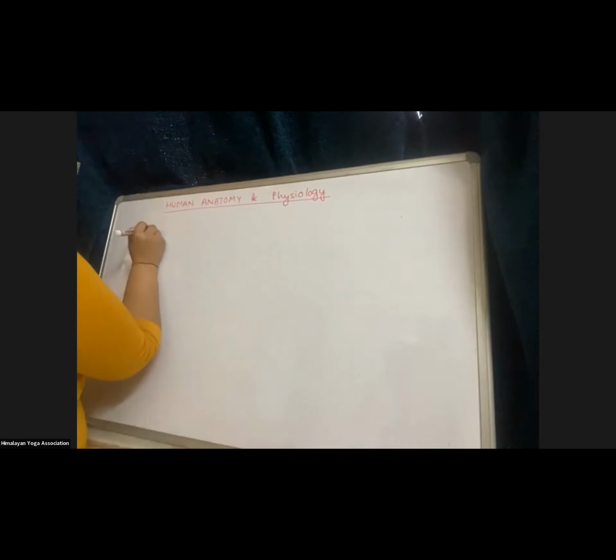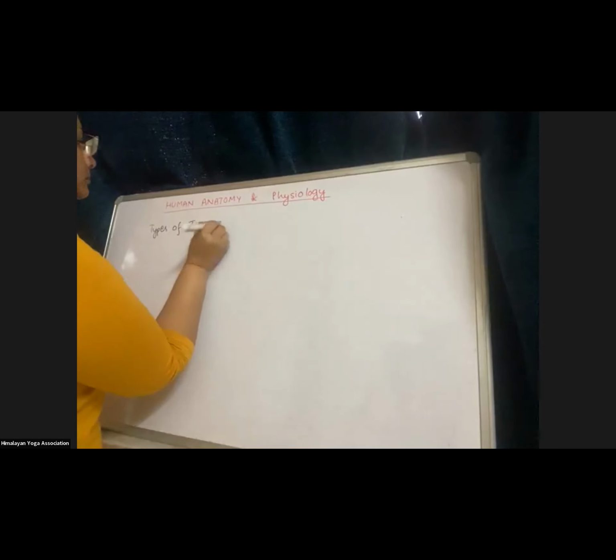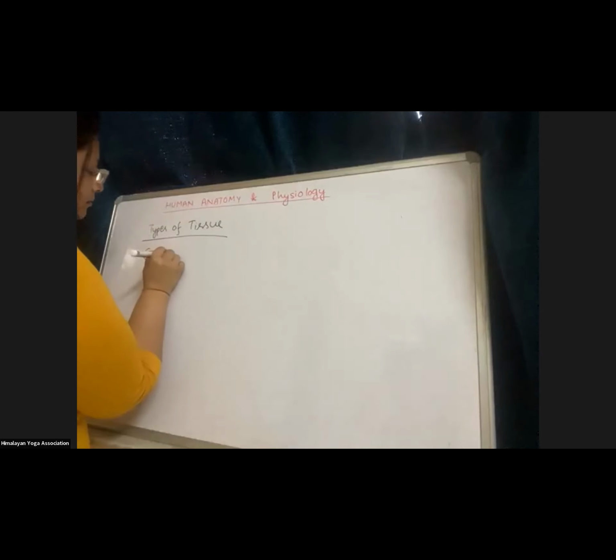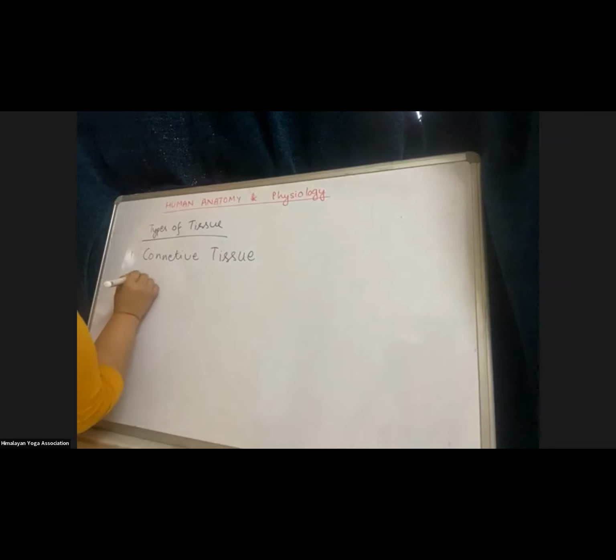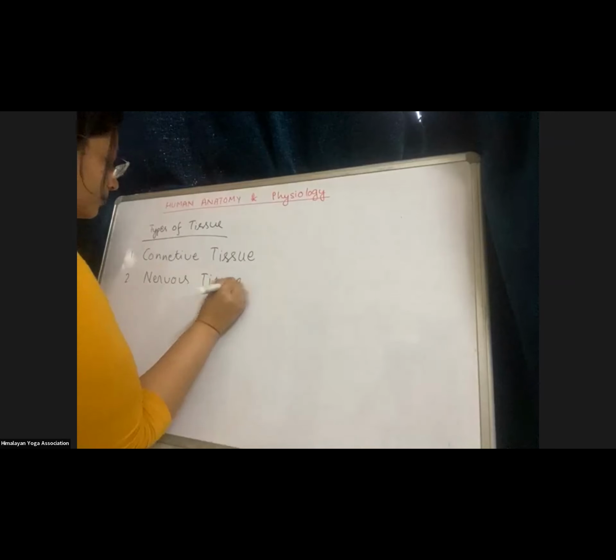That is connective tissues, then nervous tissues, then we have epithelial tissues, and muscle tissues.